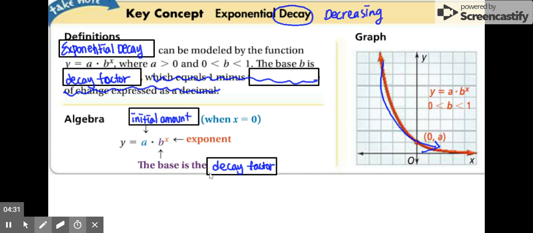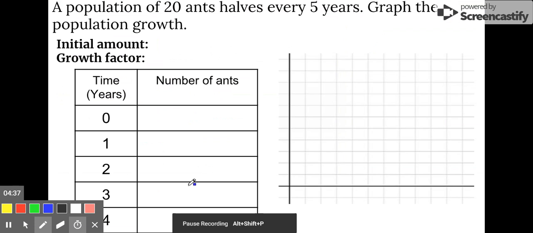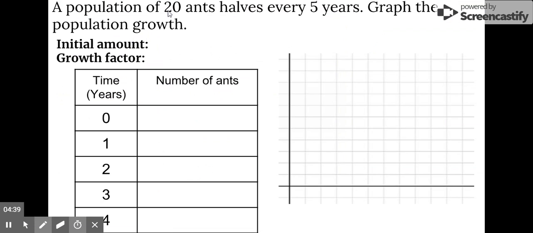All right, so let's look at the example and try to understand this concept. What is our initial amount? Initial amount, 20 ants. And what's the growth factor? Oh, here, it's not growth factor. It should be decay factor, because you see here, things are decreasing. So let's finish the table first.